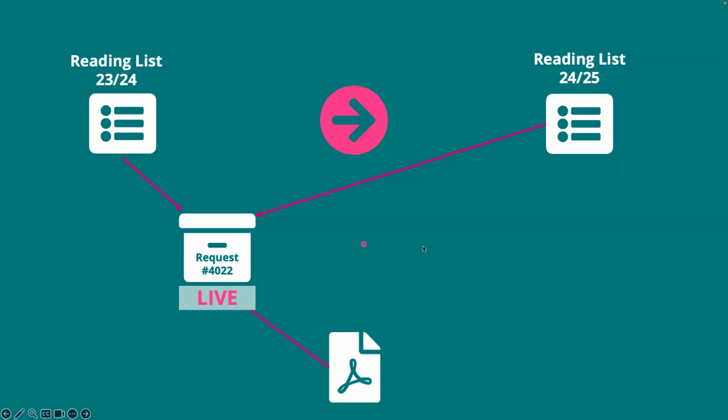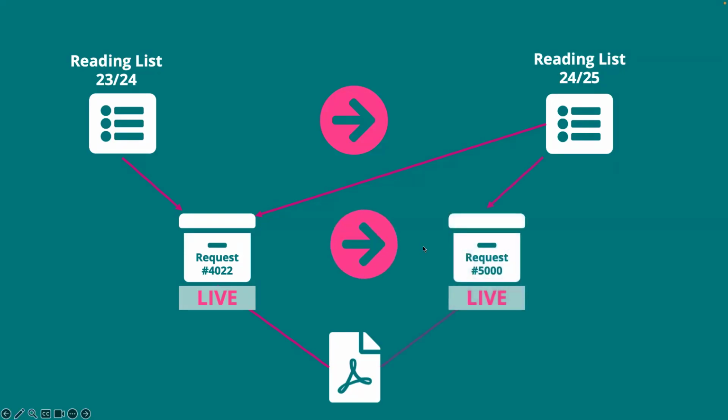So what you then need to do is roll the scans over in the same way that you do the reading lists. So that scan goes from 4022 to request number 5000 or whatever it is in the back end of copyright clearance. It points to the same bundle, so you don't need to re-upload it each time.